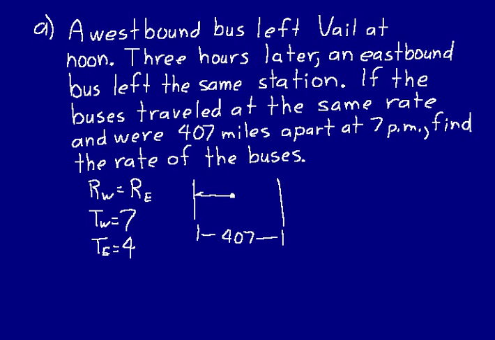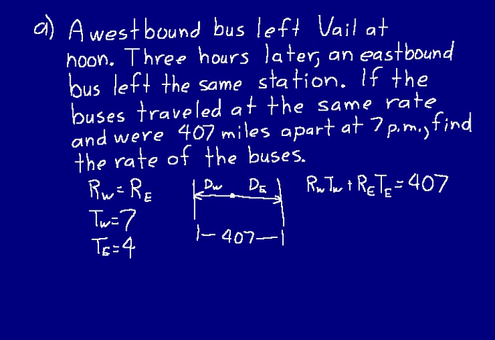And so we have this distance here, call that DW, and this distance here, we'll call that D east. The total of that is 407 miles. So we can say DW or RWTW plus DE or RETE equals 407.